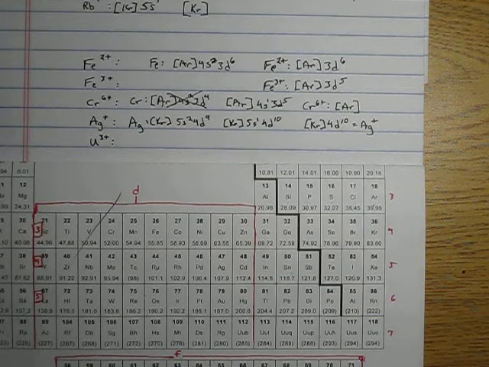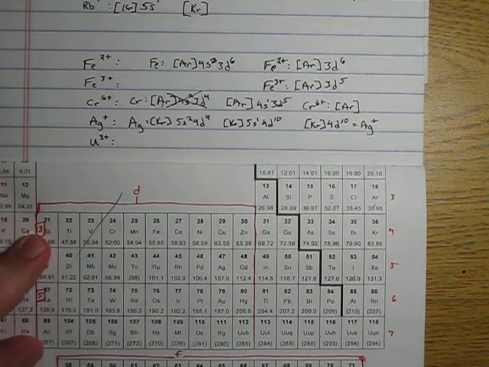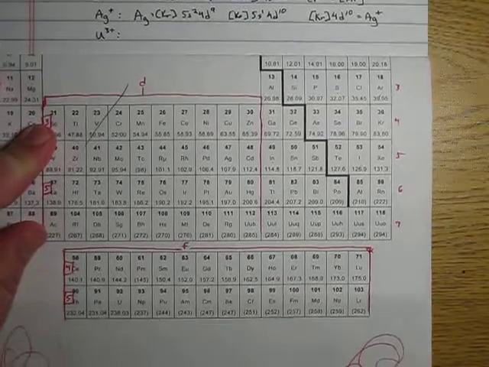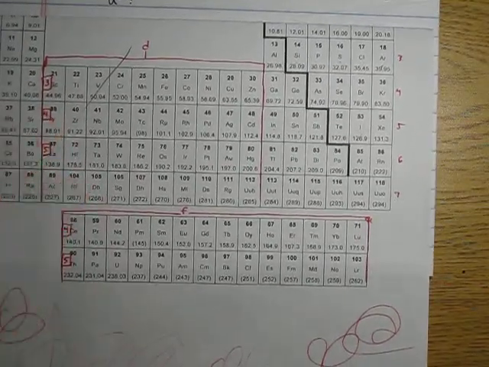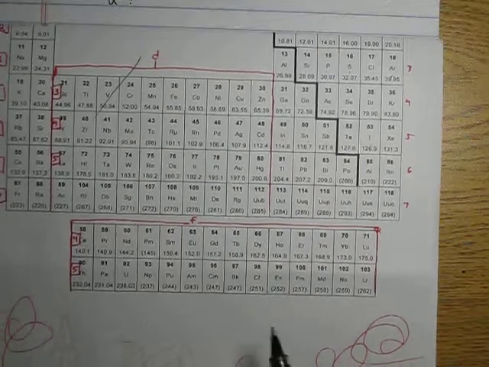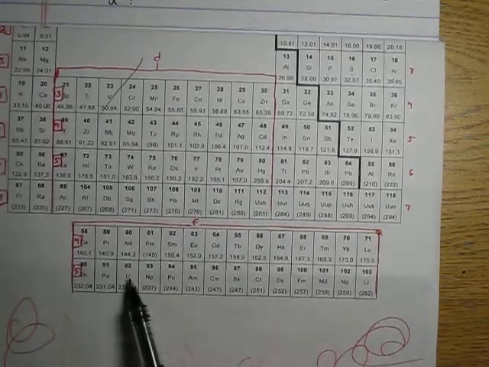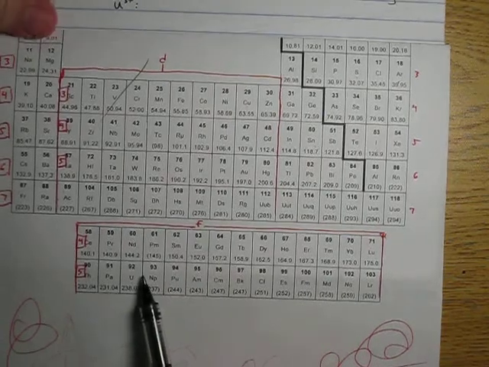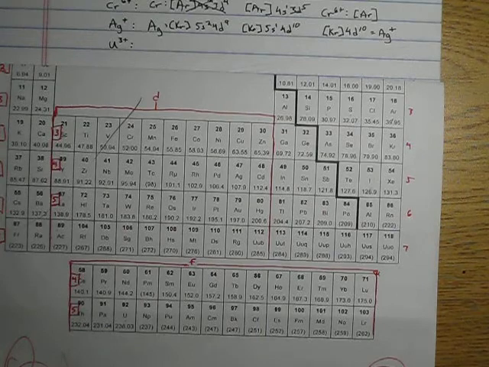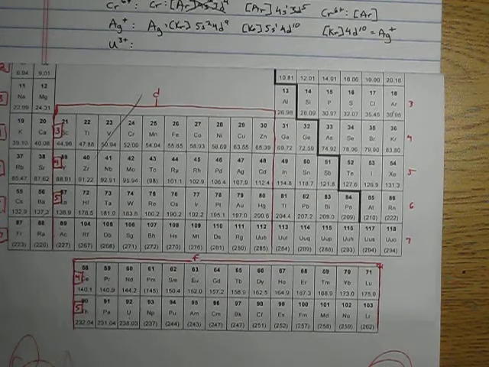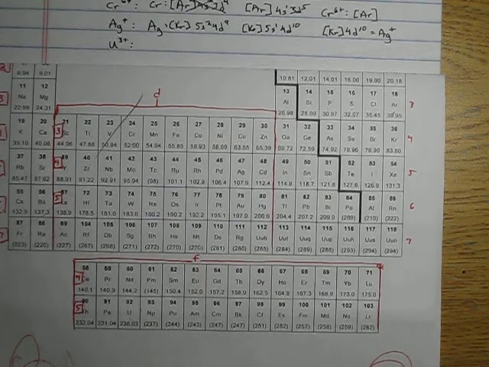All right, our last electron configuration for the video, uranium 3+. Okay, well, where's uranium on the table? Oh, that's right, it's way down here. Here's uranium, right there. Well, how are we going to start this off if we have uranium 3+?